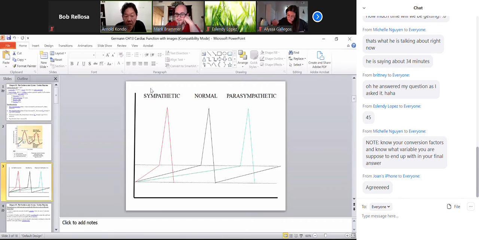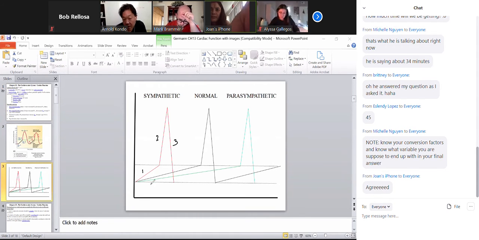If we label each of these phases simply as phase 1, phase 2, and phase 3, between normal, an increase in sympathetic, and an increase in parasympathetic, do phases 2 and 3 change between these three scenarios? They're the same. The only thing that changes is phase 1.